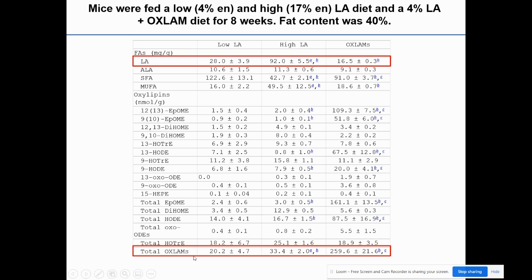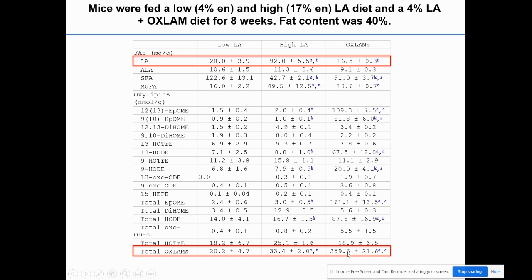LA, again, this is milligram per gram of diet, in the low LA diet was around 28. In the high, it was 3 times as much. In the OXLAM diet, it was low in LA, but it was supplemented with these OXLAMs.